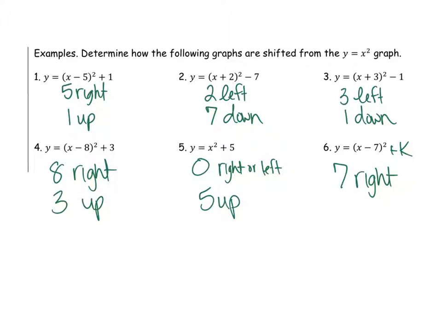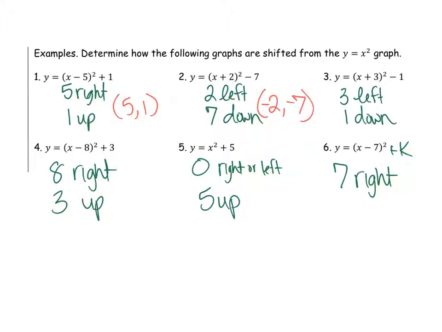I want to write the vertexes really fast, just so I know you know it. Number 1, what's the vertex? 5, 1. Number 2, what's the vertex? Not 2, 7, no. Negative 2, opposite sign of the parentheses. -7.